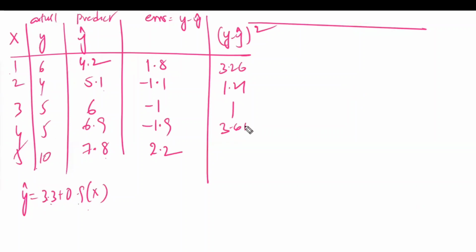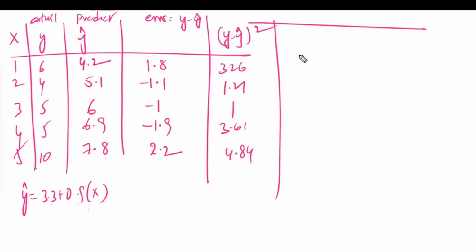Sure? I forgot in the flow. What is 2.2 square? 4.84. So just substitute these values. Now, whatever values you have got, these values.